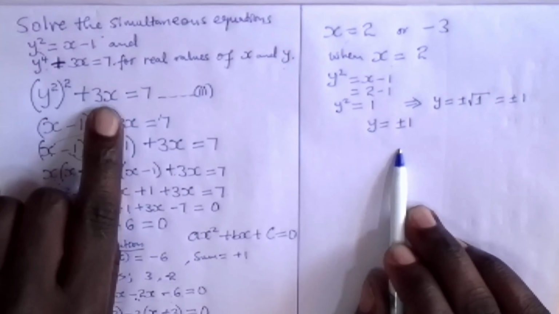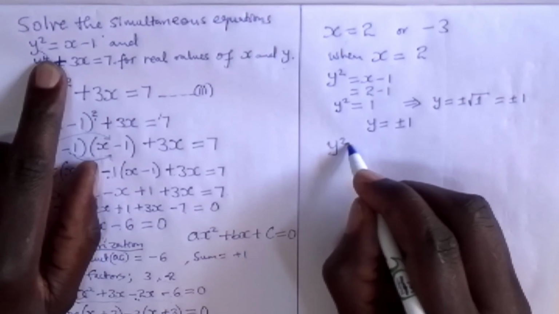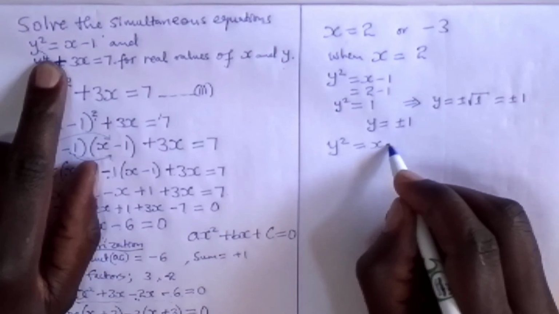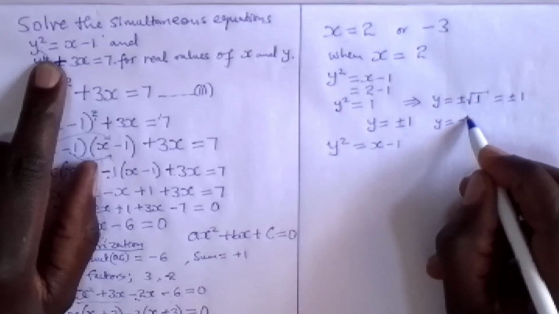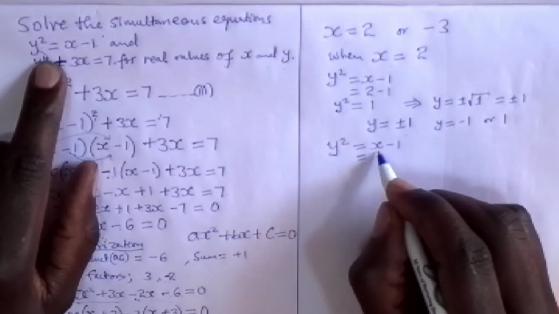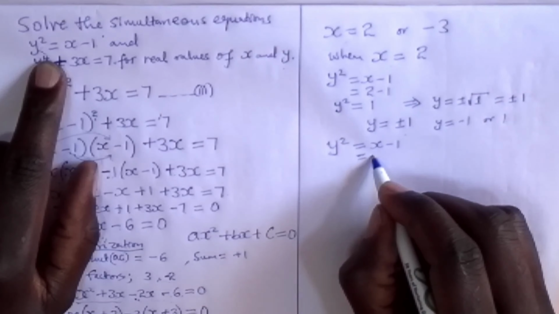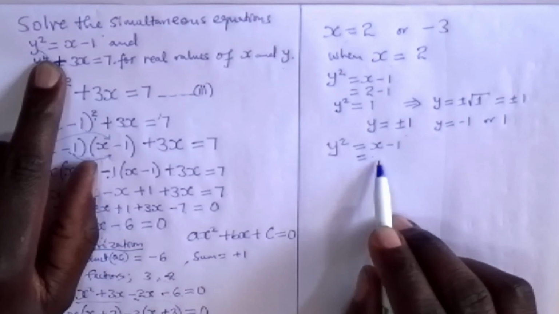We can confirm whether that is true from the equation. When y is minus 1, minus 1 squared is still 1, so it holds.